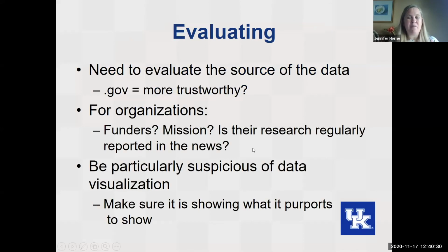And finally, just a couple words about evaluating. I started thinking about this presentation back in the summer, and one of my notes was that .gov sites are more trustworthy. I've added a question mark now because, as things like the COVID statistics become a political football, you might need to think about whether .gov automatically means trustworthy right now.